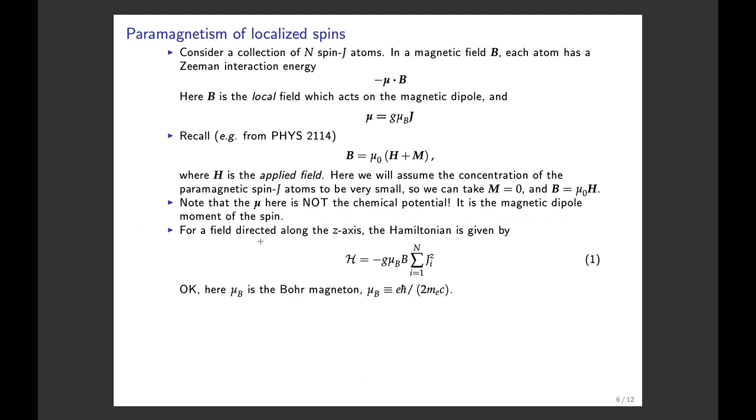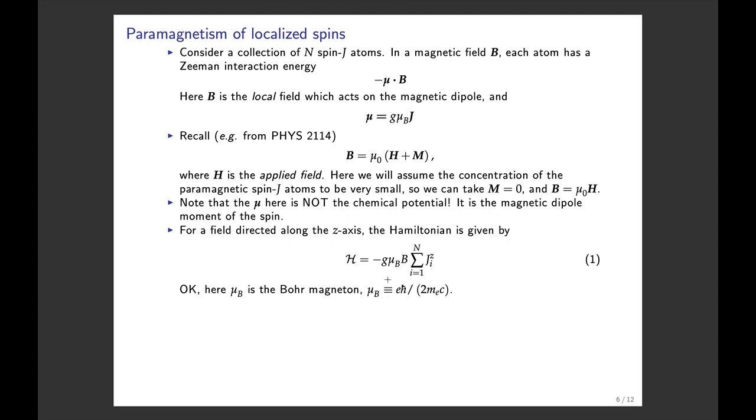So if we have a field directed along the z-axis, the Hamiltonian is given by this term. We write H is minus g mu sub B, where the B here stands for Bohr magneton. And we know what the Bohr magneton is. It's e h bar over quantity 2 mass of electron times c.